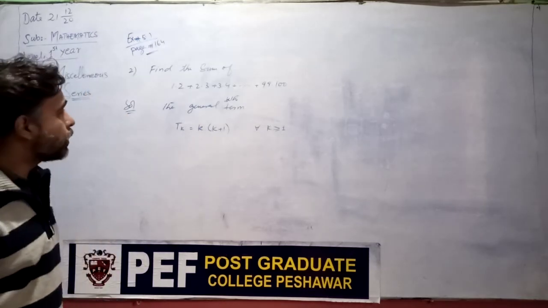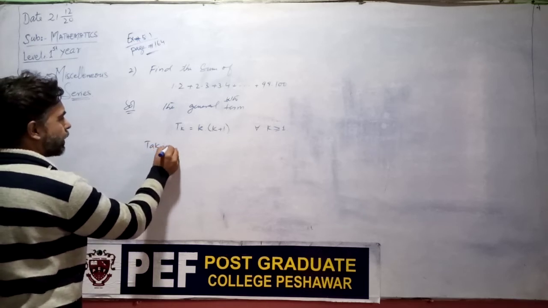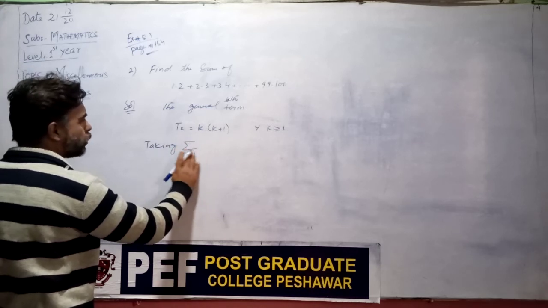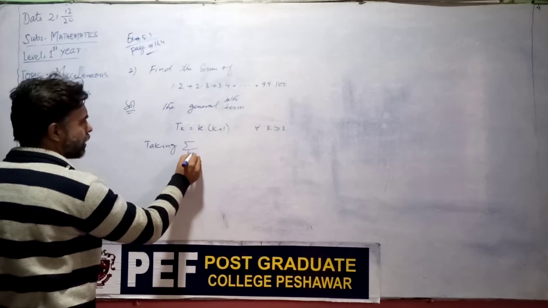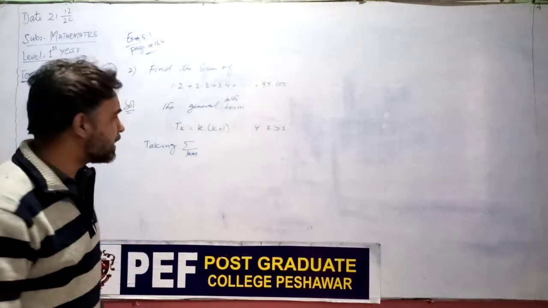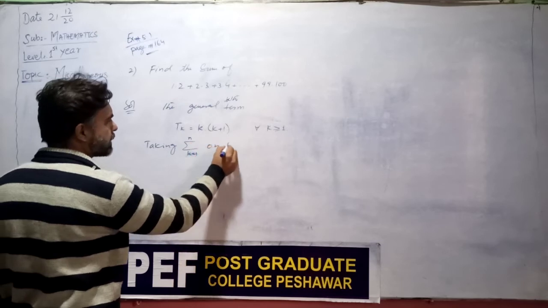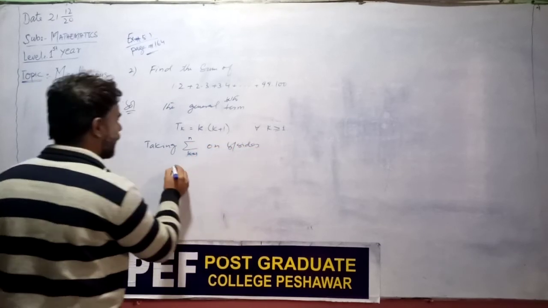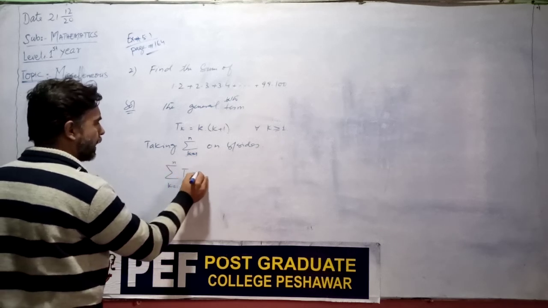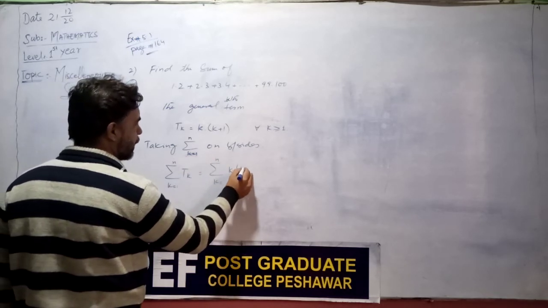Now we apply summation on both sides. Summation with j varying from 1 to n, you may call it k also. It is not necessary that you always represent the general term by j. So k varies from 1 to n on both sides, and this becomes the summation of tk, and similarly the summation of k into k plus 1.